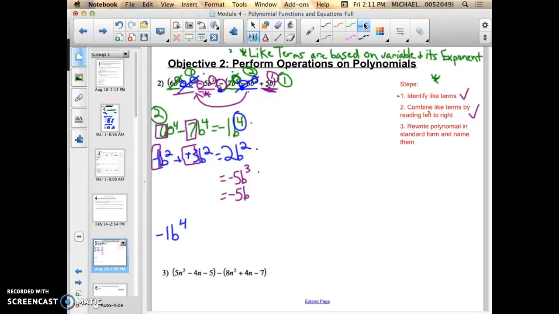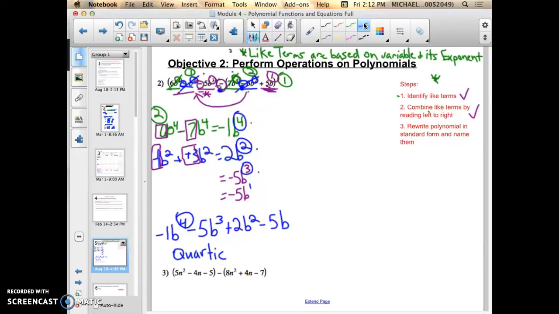Then my next highest power is the power of 3. So then my next term that I write in standard form is -5b cubed. Moving along, the next power is 2, and it's a +2, so I write plus 2b squared. And then finally, my last term is the linear term 1 minus 5b. And then to name this, the highest power is 4, so I know it to be quartic.